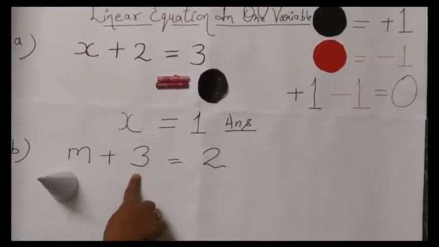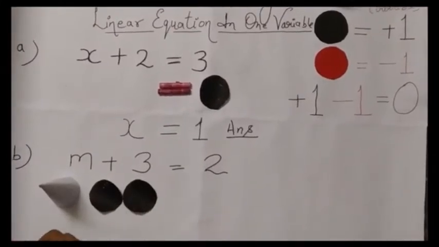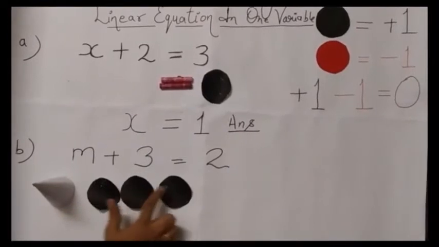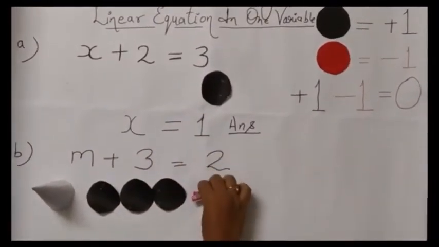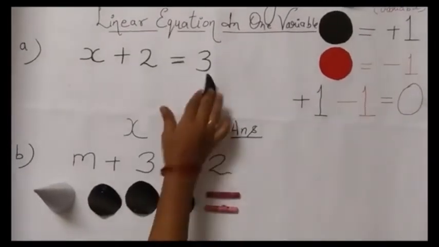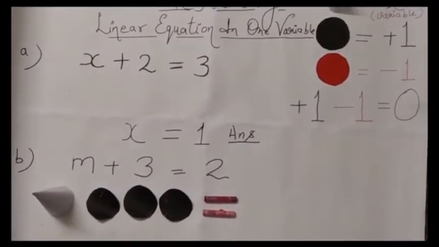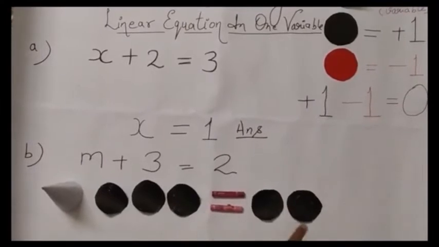Now positive 3 means 1, 2, 3 circles are there. m plus 3. The equal to sign is again represented with the two crayons. Here is positive 2. Okay, this is your equation.